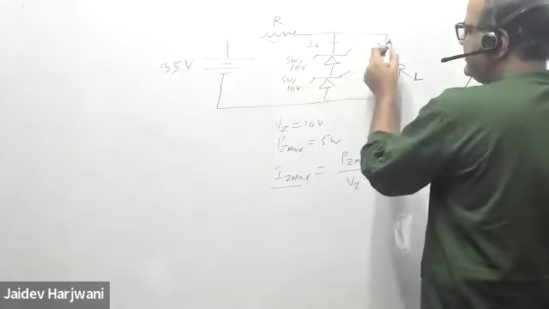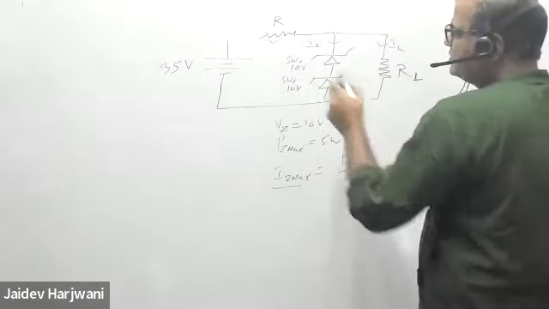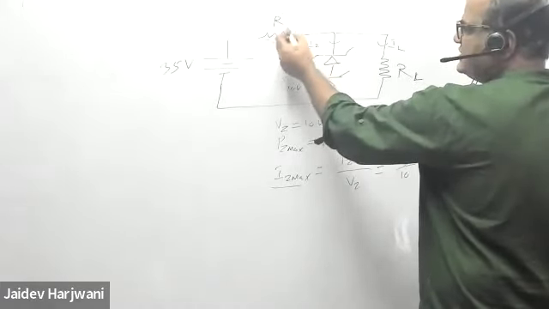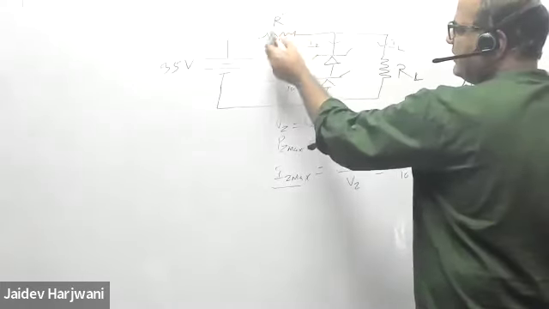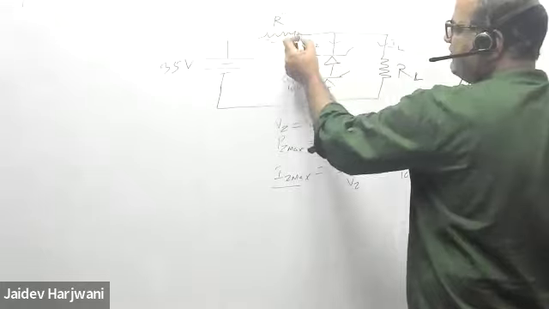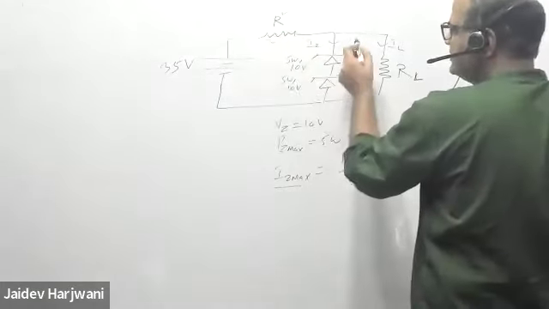Now slowly I will start reducing this one. If I reduce this, current will increase. The voltage here is fixed, 20 volt.